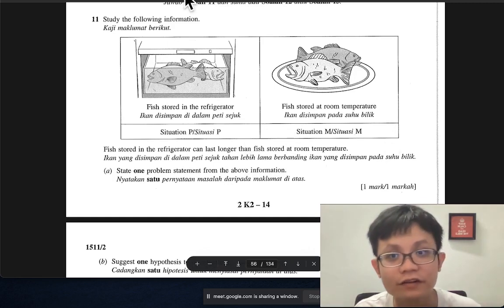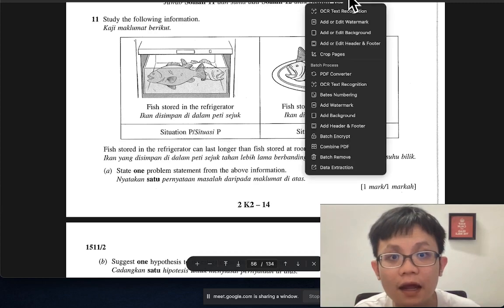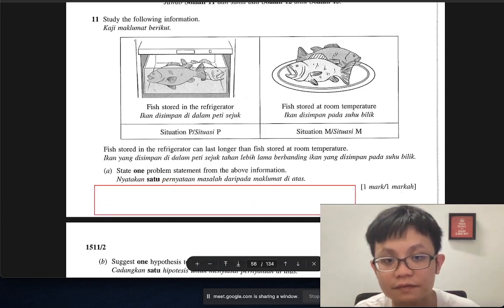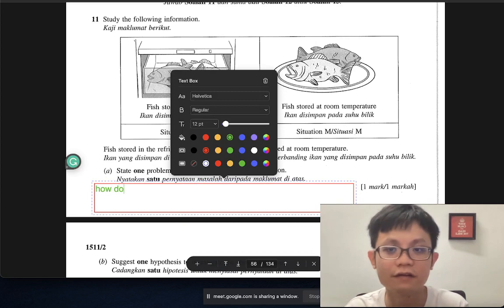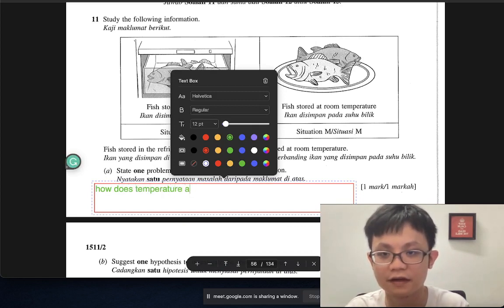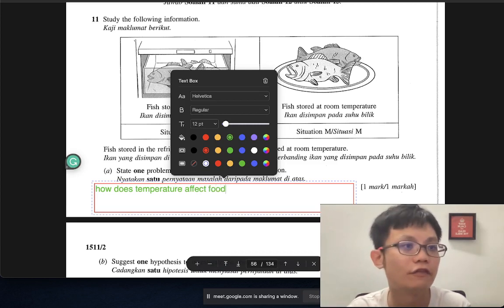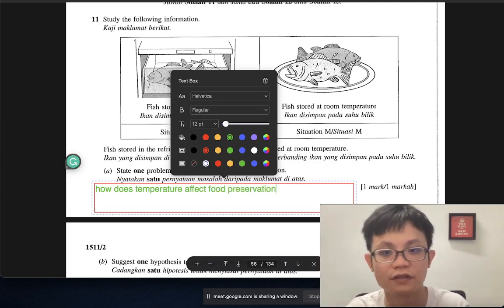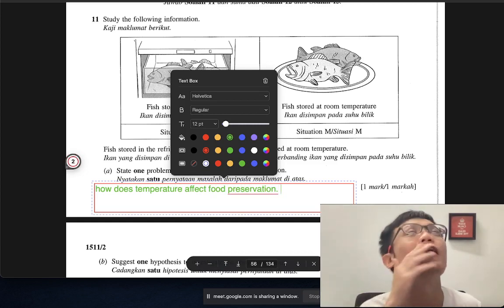How does temperature affect food preservation? Okay. Wait, where is my textbook? How does temperature affect food preservation? Well, let me think for a while.